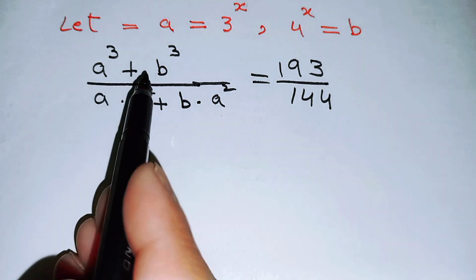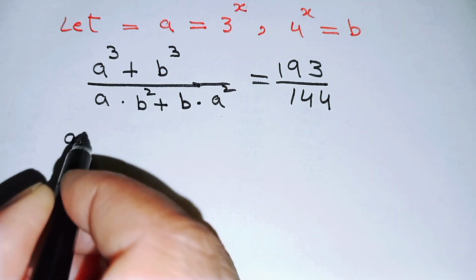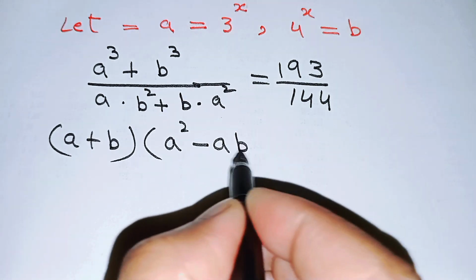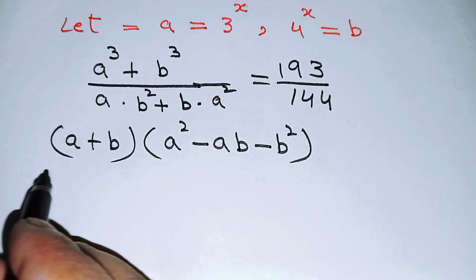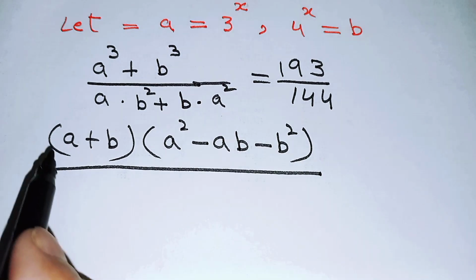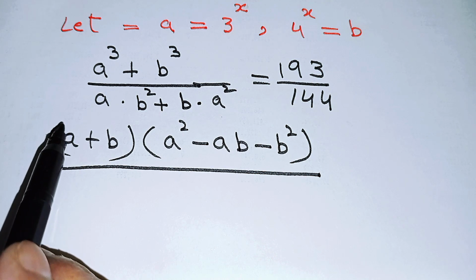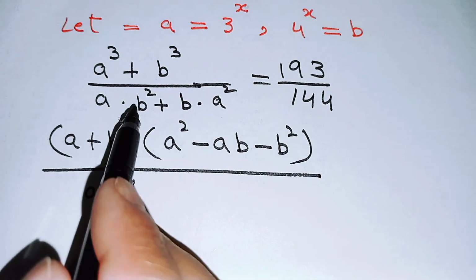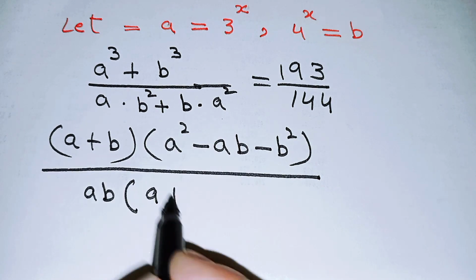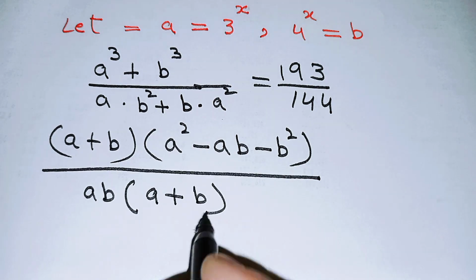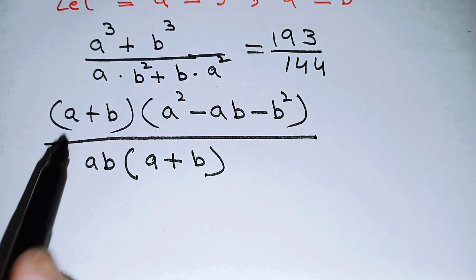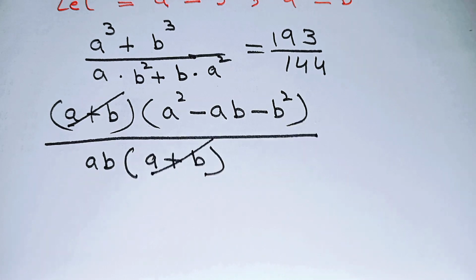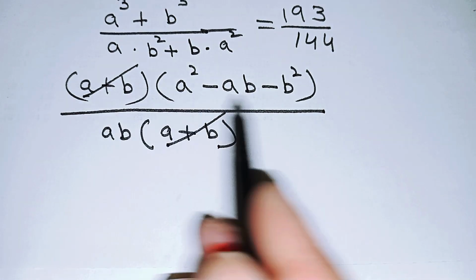And a^3 plus b^3 can be written as (a plus b)(a squared minus ab plus b squared), over ab(a plus b). Here the ab and the a plus b are common, so we cancel them out, and now we can separate this equation.